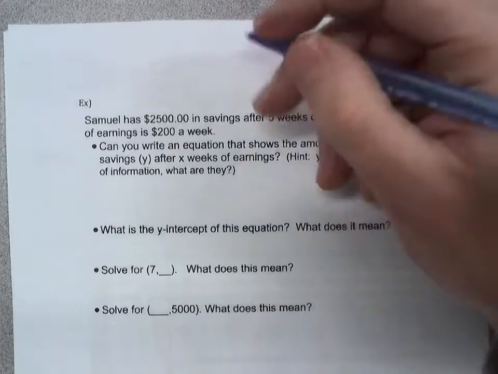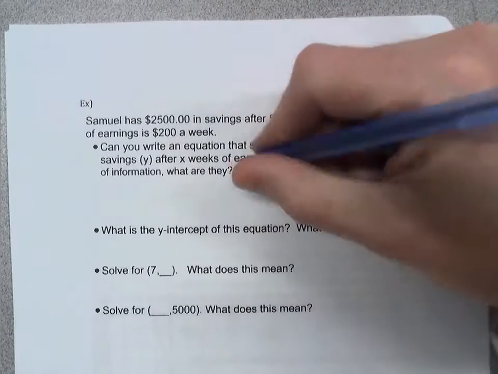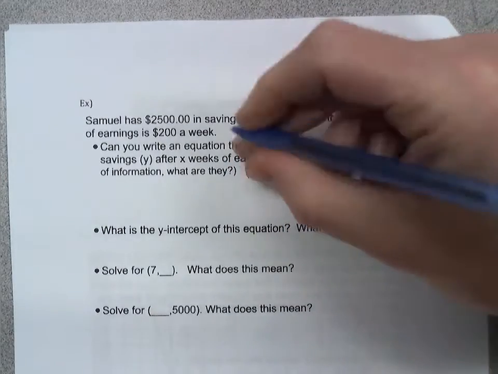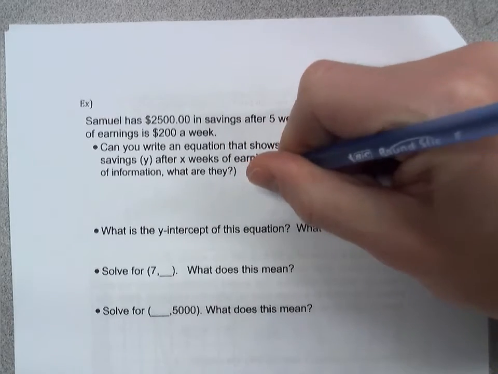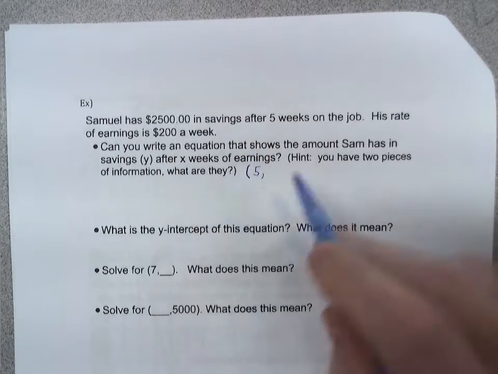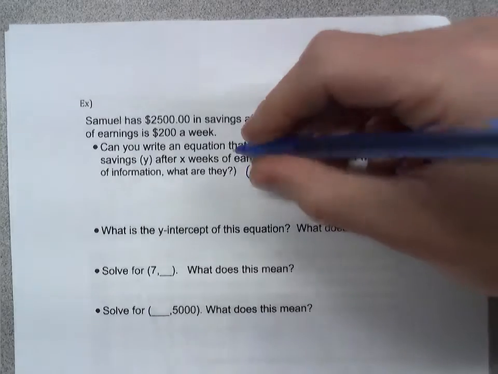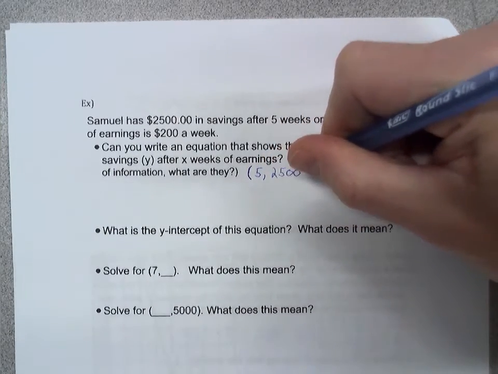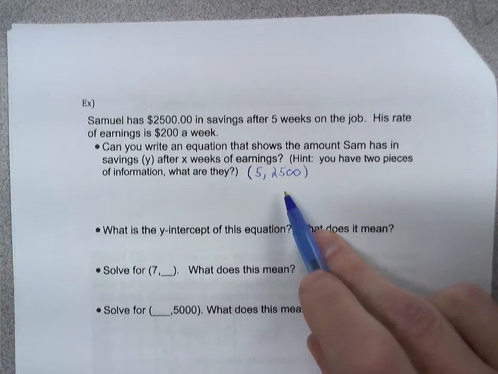Well, we know a couple of things, and these are actually coordinates on our system. We know that when x is 5, so 5 weeks, because x is weeks, he has $2,500.